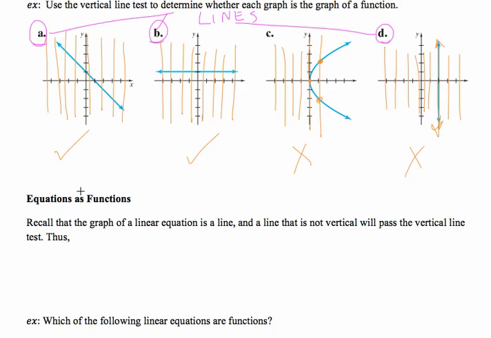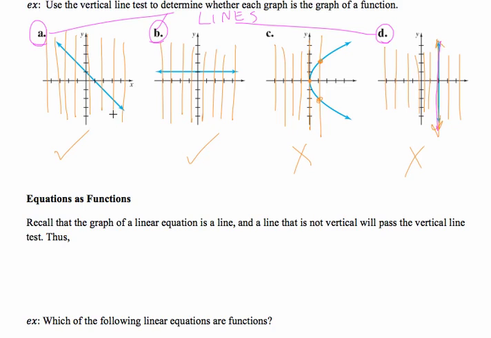But for lines, you should have had a little bit of math before this class on lines. What you may have noticed is that all of these lines will pass the vertical line test except for vertical lines. But if the line is at least slightly tilted, like this one is slanted to the side, it's going to pass the vertical line test.